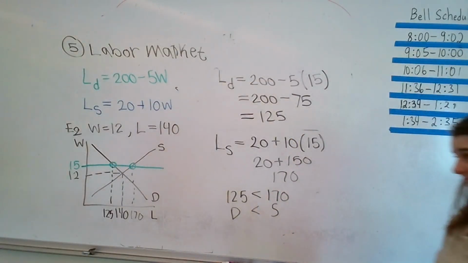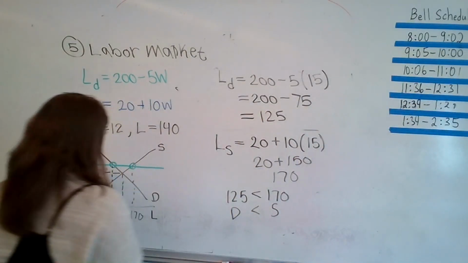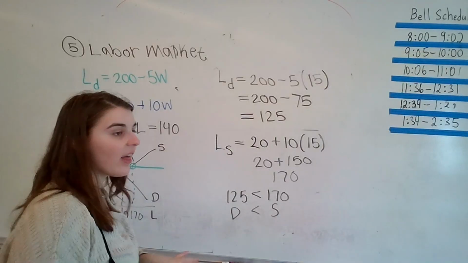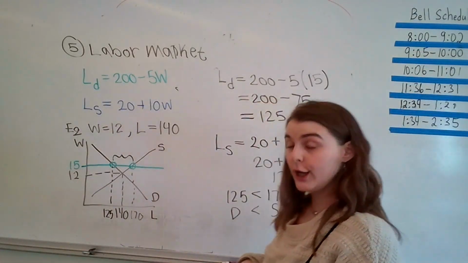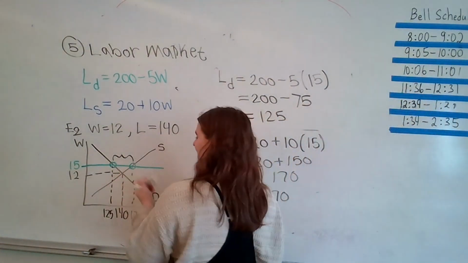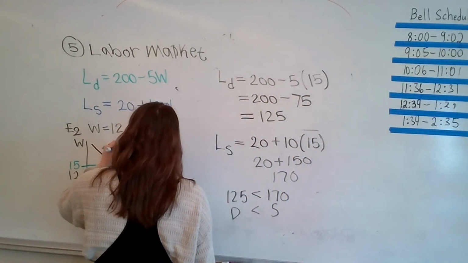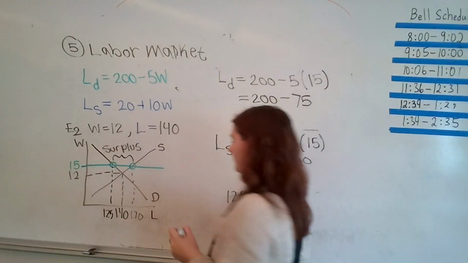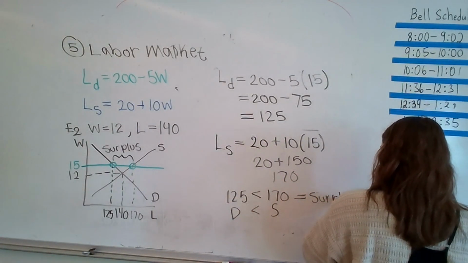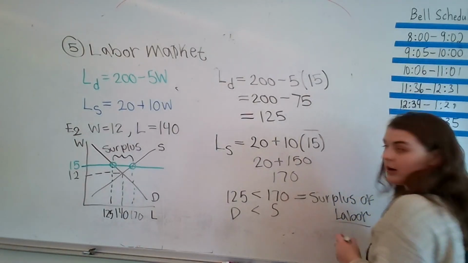So our demand is less than our supply. If the demand for a good, in this case the demand for labor, is less than the supply of labor, we have a surplus. So we have a surplus of labor in our marketplace.